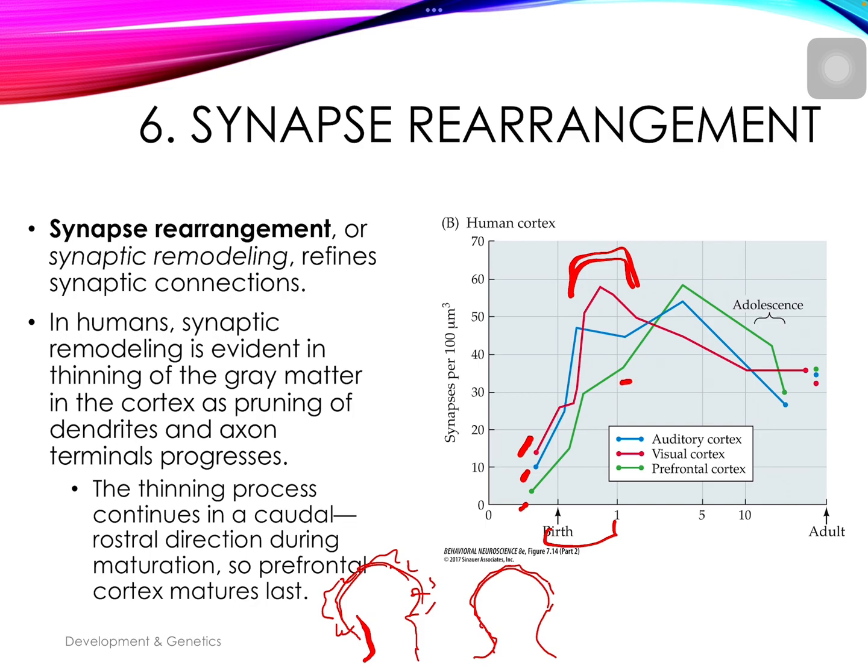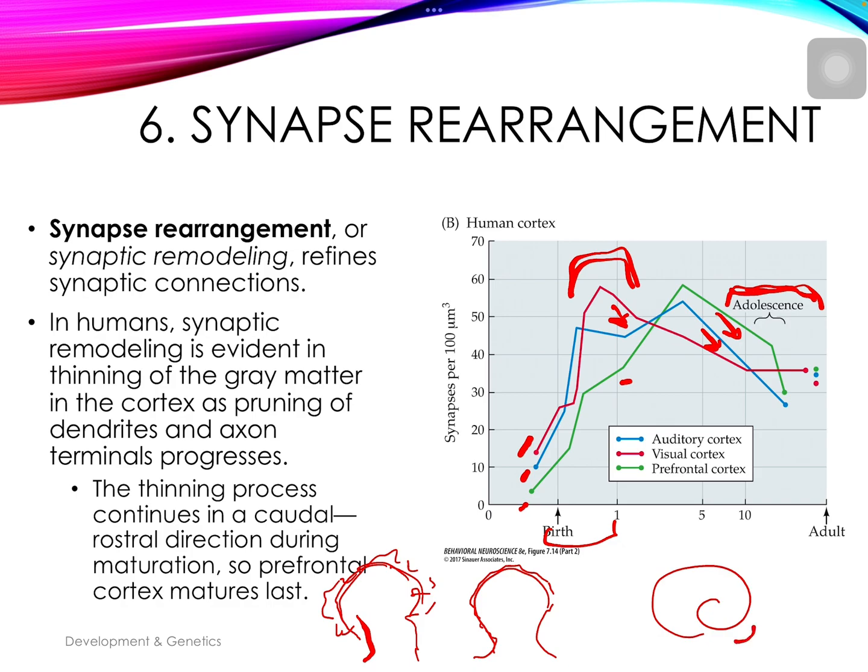As you can see here, there's a bit of a dip, and you're going to see another really big pruning event right around adolescence. You see another dip in the synaptic arrangement because they're pruned off. When we look at the developmental course of the brain, the thinning process starts in a caudal to rostral direction.